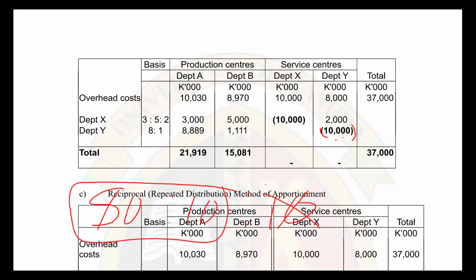So for department A, you shall have 80 divided by 90. Obviously, you know where the 90 is coming from. You consolidate 80 plus 10% and you multiply by 10,000. And when you do that computation, what do you find?